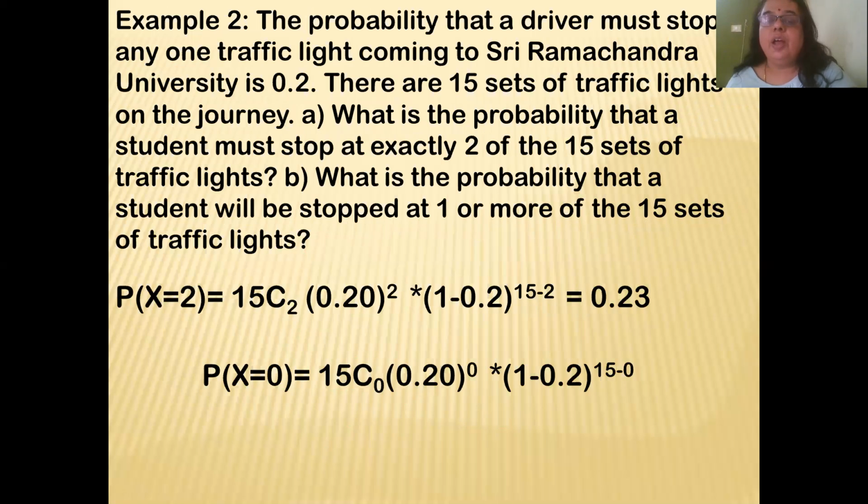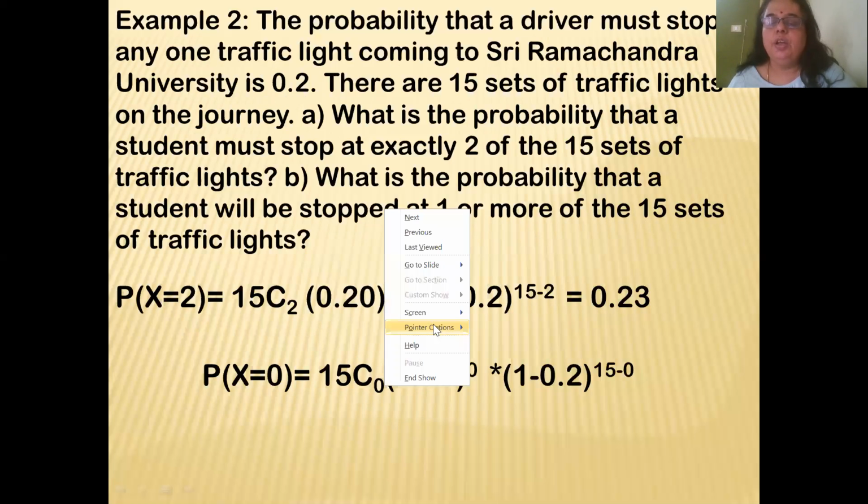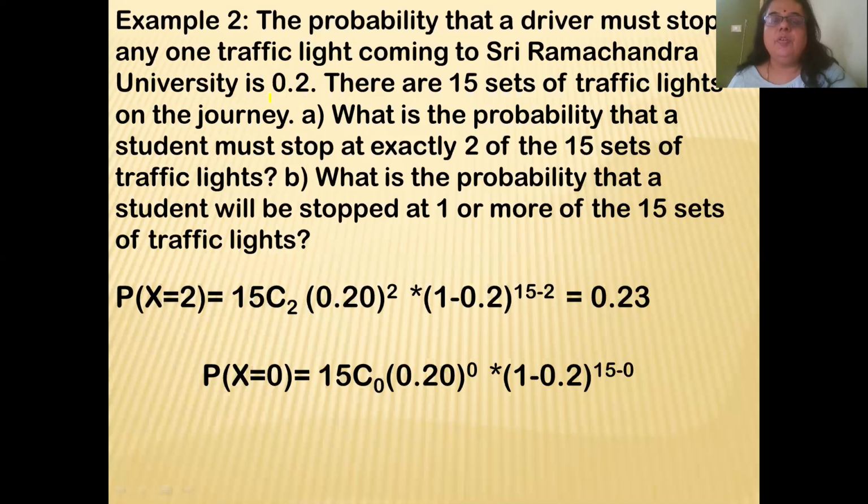Another example: a driver must stop at a traffic signal. The probability that the driver must stop at any traffic light on the way to Sri Ramachandra University is 0.20. The probability of success is 0.2. There are 15 sets of traffic lights on the journey. What is the probability that students must stop at exactly 2 of the 15 sets?